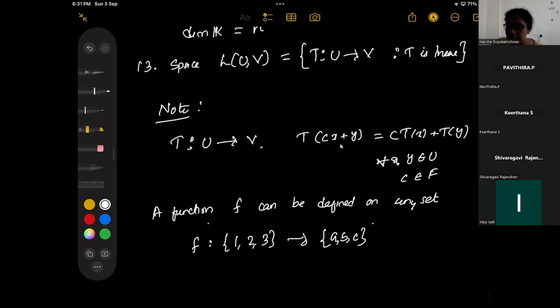Like we can do addition, multiplication, everything, just because we have a vector space with two operations, vector addition and scalar multiplication. Here in the set, we don't have any kind of operation. So this kind of thing is not at all possible. It is just a mapping. It is just an assignment of an element from the codomain to each element of the domain.